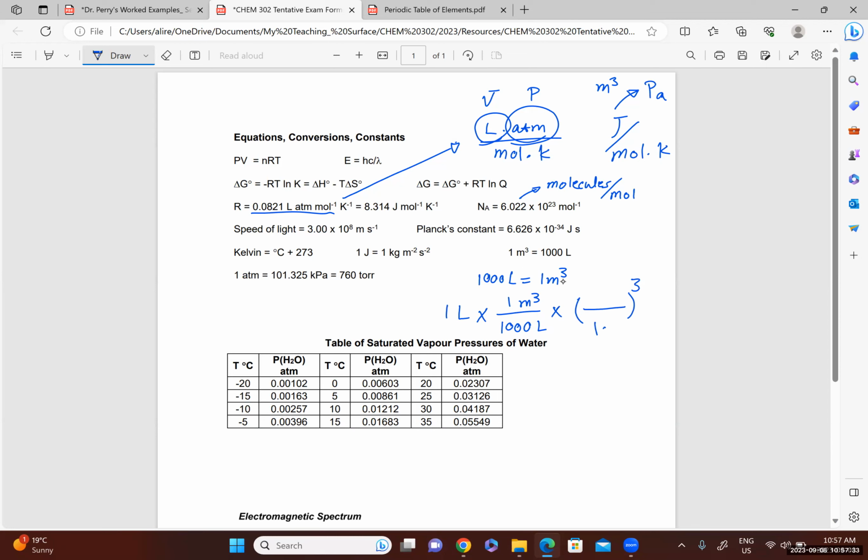In every 1 meter, we have 100 centimeters, and both of them are cubed. What does this mean? If I do the calculations now, it is 1 divided by 1,000, this first step, to give me that value in meter cubed. So 1 over 1,000 meter cubed multiplied by, in every 1 meter cubed, we've got 100 to the power of 3 centimeter cubed.